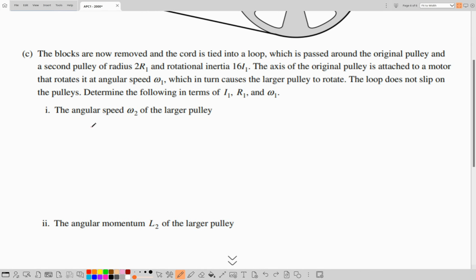So here we can say the two pulleys have the same linear speed, which means v1 is equal to v2.